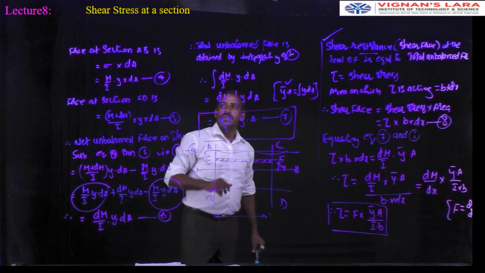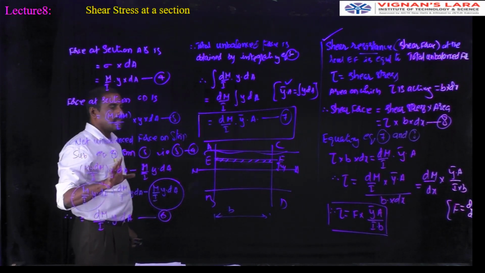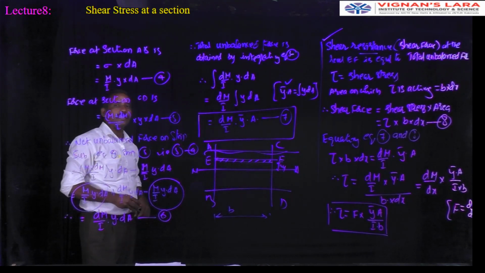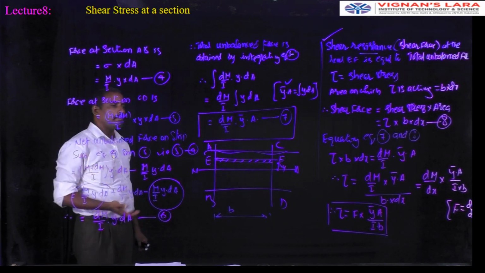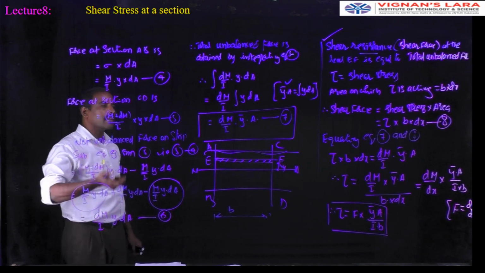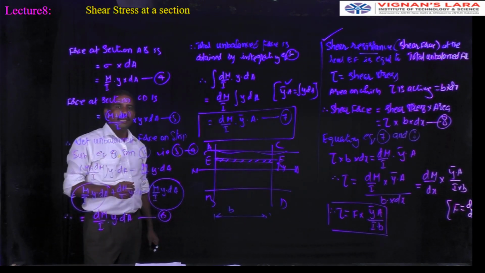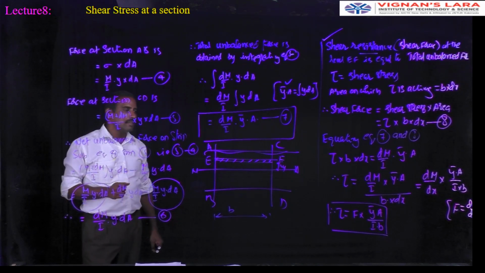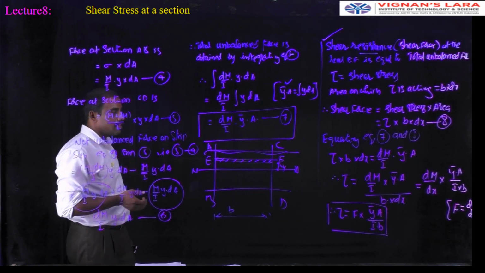So today we covered one thing, that is the determination of the shear stress. For that, we simply considered a part of a simply supported beam carrying uniformly distributed load. We know that at a section AB as well as CD, there is a moment M and M plus dM.